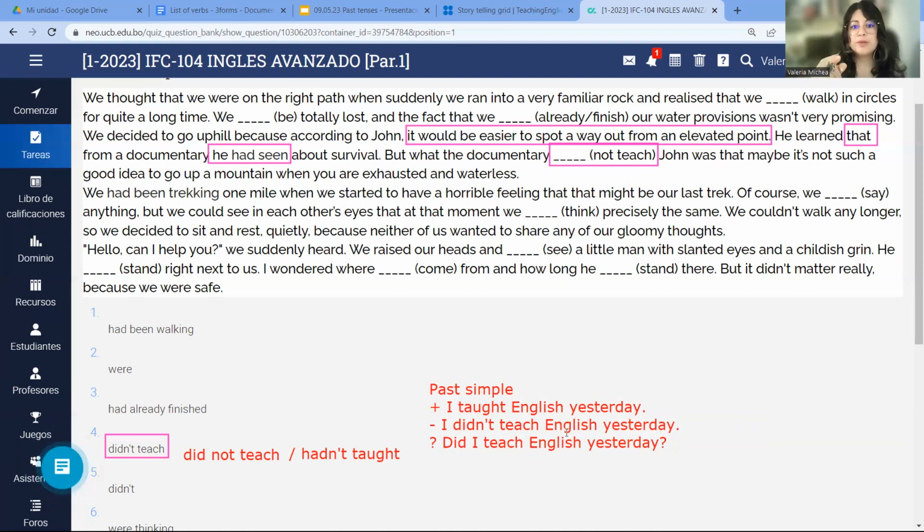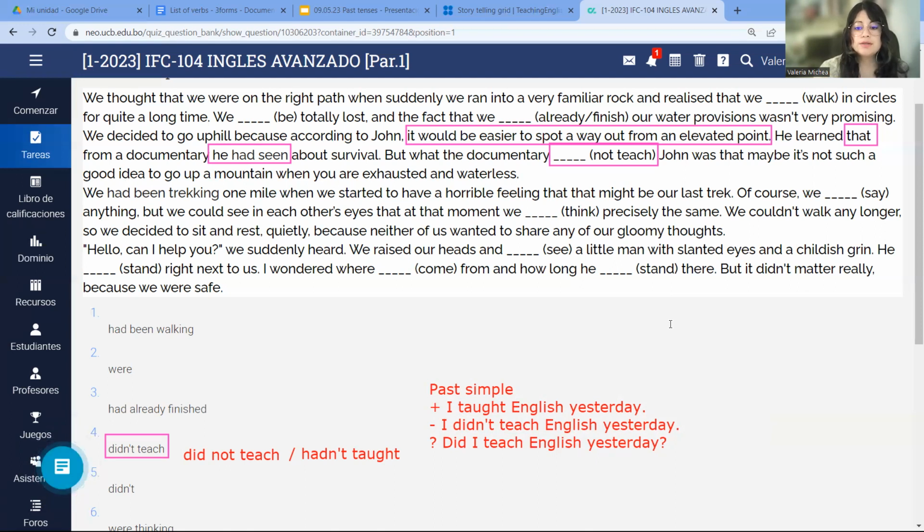Where were we? "But what the documentary didn't teach John was that maybe it's not such a good idea to go up a mountain when you are exhausted and waterless." Next idea: "We had been trekking," so here we have the past perfect continuous. Why?